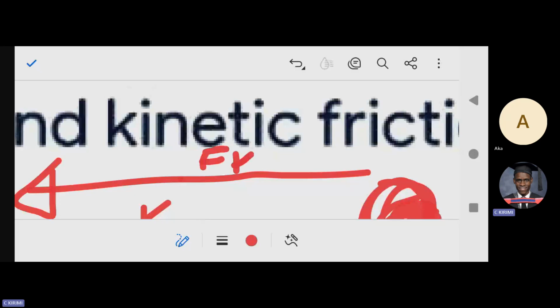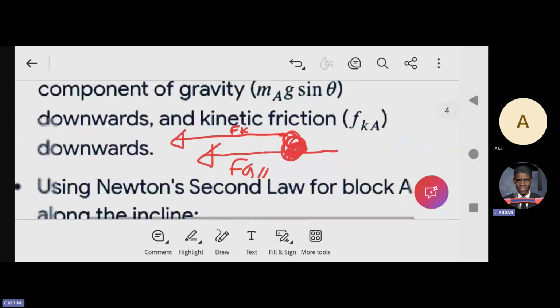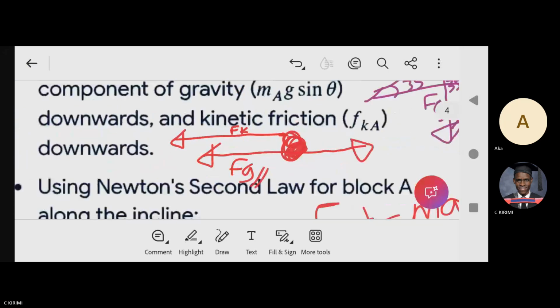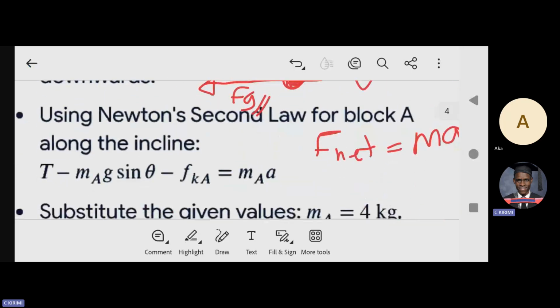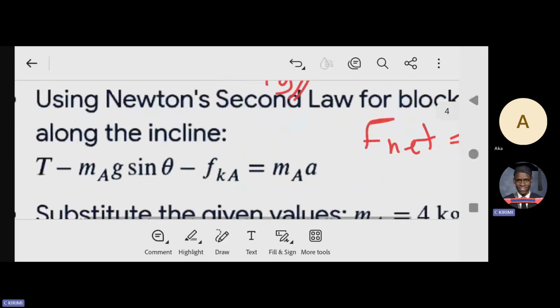You don't show FG parallel on the free body diagram. You only show it when we are calculating the tension. That's when you introduce the FG component of the gravity parallel. So now these are the sum of forces.